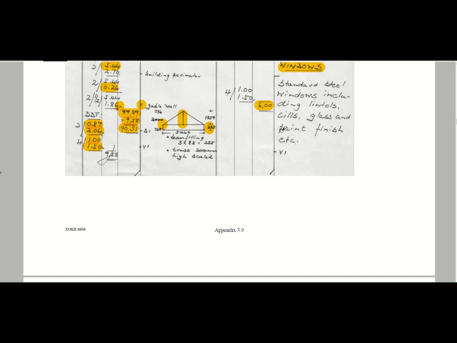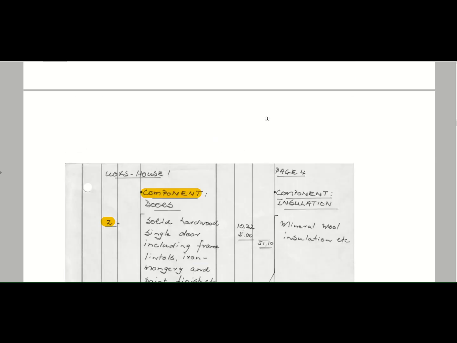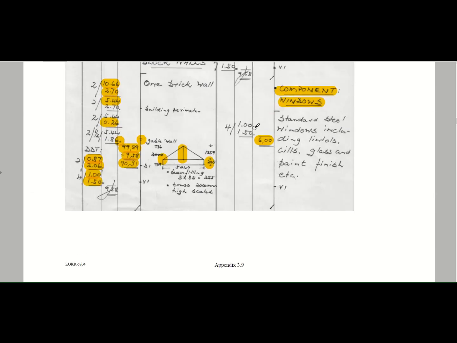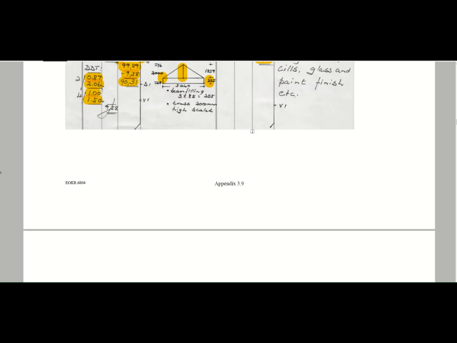If it's steel windows, you can use that same rate. If it's aluminium windows, you use a different rate. If it's wooden windows, you use a different rate. It just allows you to have a more accurate estimate. But you still have the option of numbers. In this example, numbers would have worked very nicely because you only have one type of window.